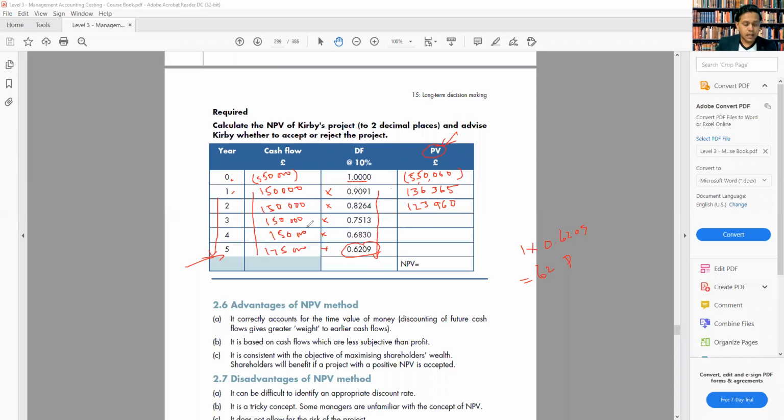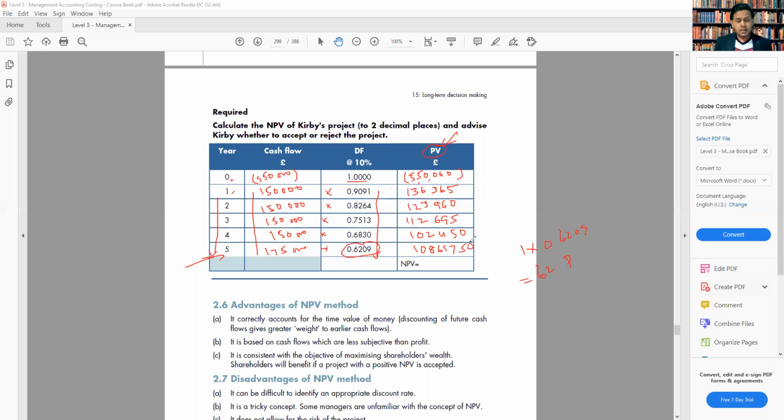Then the next one, 150,000 times 0.7513, will give us 112,695. Then 150,000 times 0.6830 will give me 102,450. And finally, we'll do 175,000 times 0.6209, and that will give me 108,657.50.